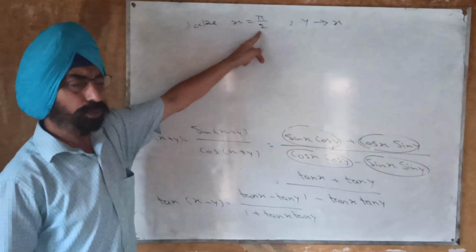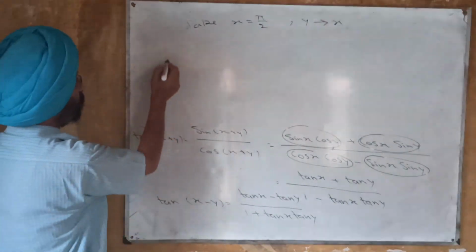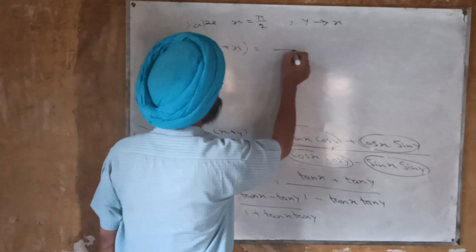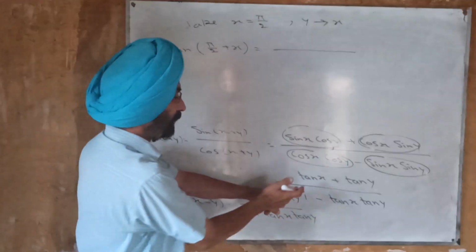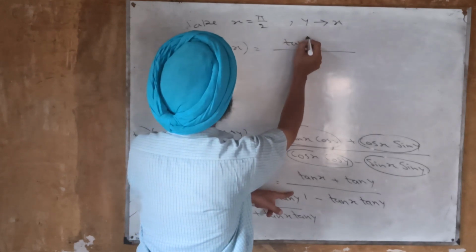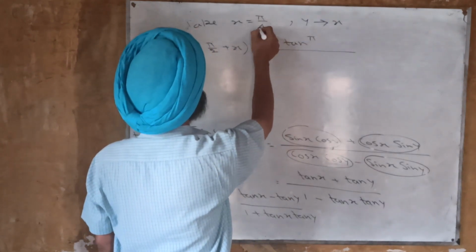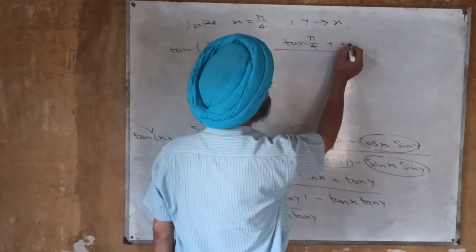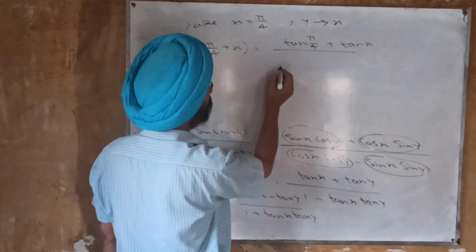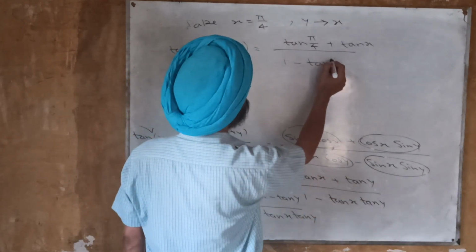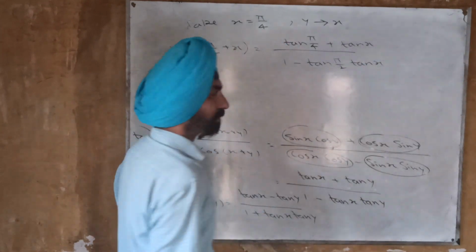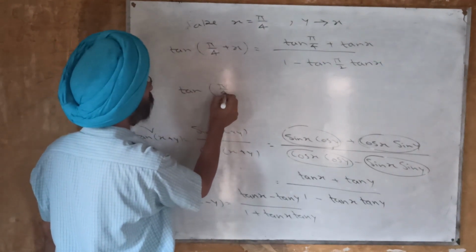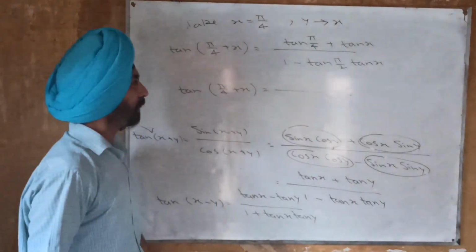Replace x by pi by 4, not pi by 2, replace it by pi by 4, and y by x. So tan(pi/4 + x) equals (tan pi/4 + tan x) upon (1 − tan pi/4 tan x).